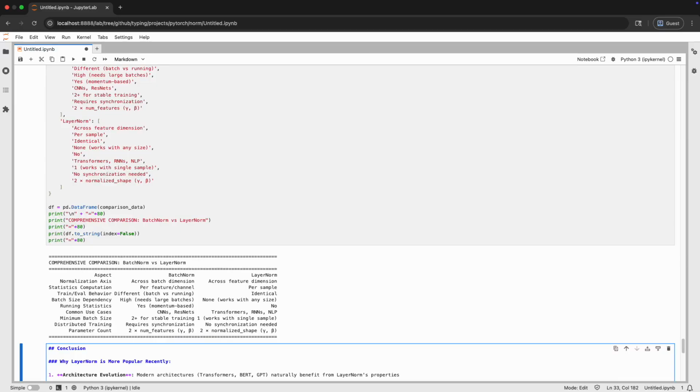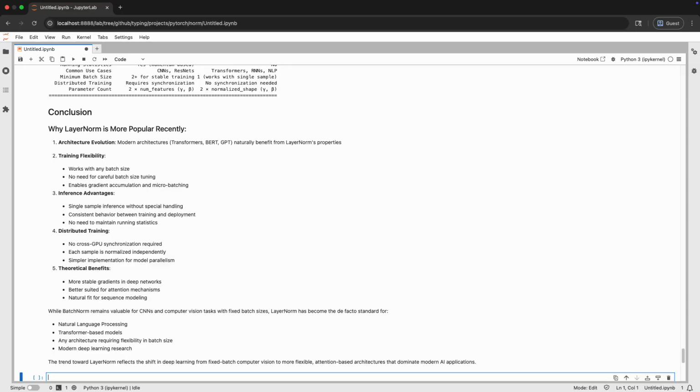And theoretical benefits include more stable gradients and better suitability for attention mechanisms. While BatchNorm remains valuable for CNNs, LayerNorm has become the de facto standard for NLP, transformer-based models, and any architecture requiring batch size flexibility. Finally, here's a quick reference for common usage patterns to help you implement these normalization techniques in your own projects.